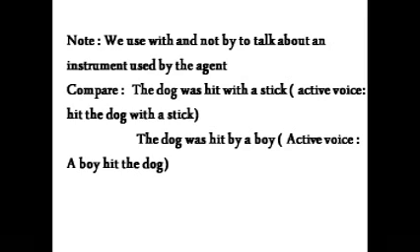For example, the dog was hit with a stick. So here we are speaking about the instrument used by the agent, so we use with and not by. Whereas the next sentence, the dog was hit by a boy. That is, a boy hit the dog. Okay, and therefore there we use by.